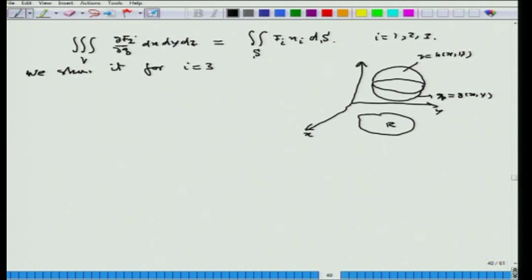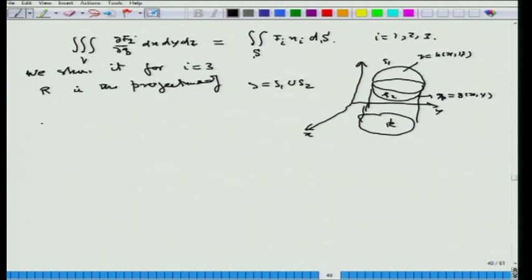So R is the projection of both the parts. Let us say this part is S 1 and this part is S 2. So, S is S 1 union S 2.